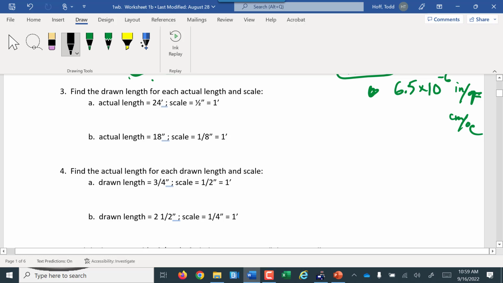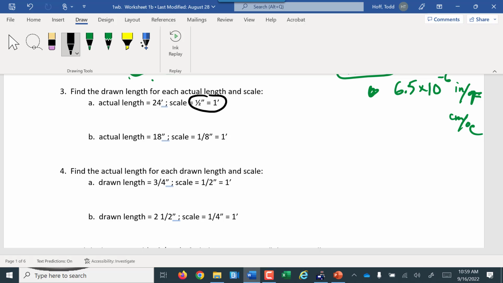Next, we're going to talk a little bit about scale drawings. So scale drawings are just a ratio, a proportion like we saw earlier. Here, we have a scale that is 1/2 inch equals 1 foot, so that's 1/2 inch to 1 foot. The actual length of the object is 24 feet, so we put it in here.